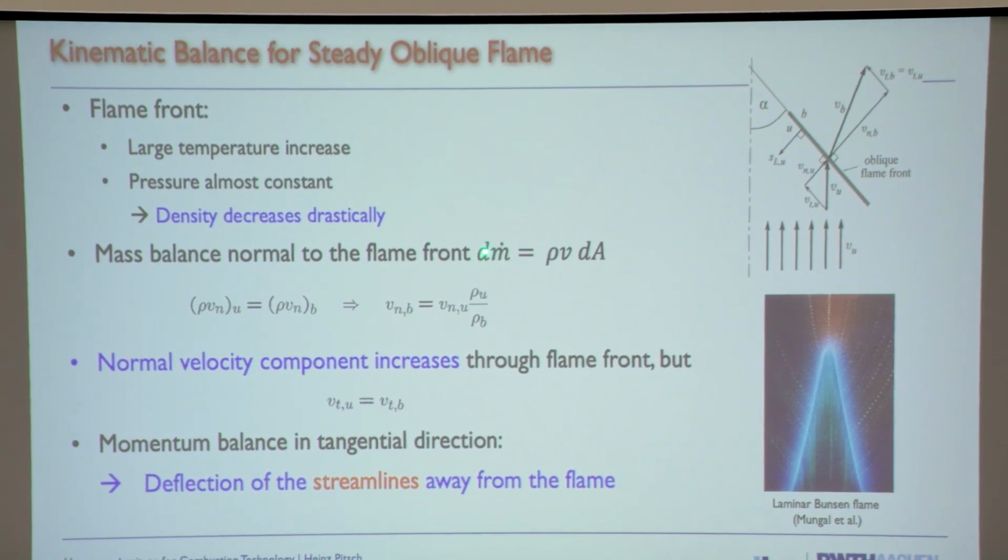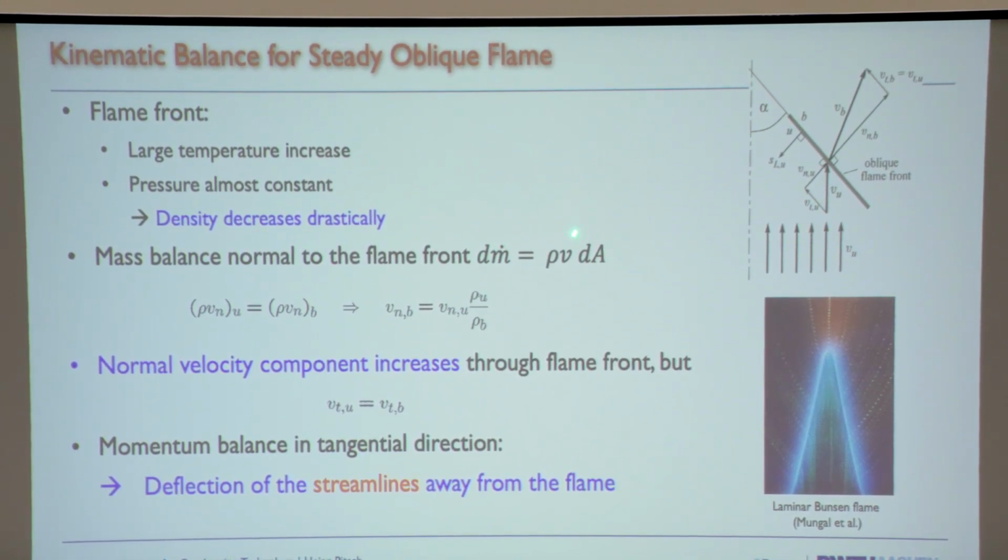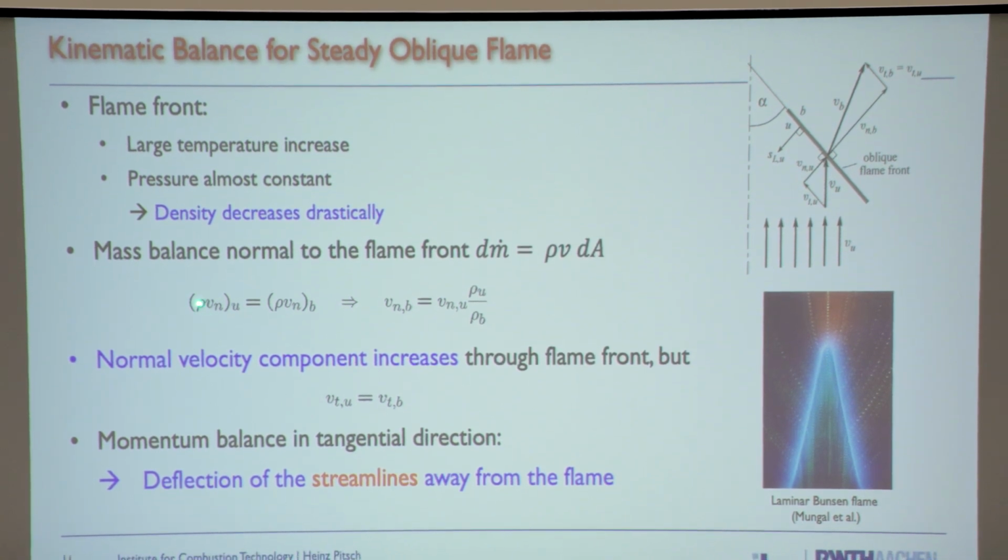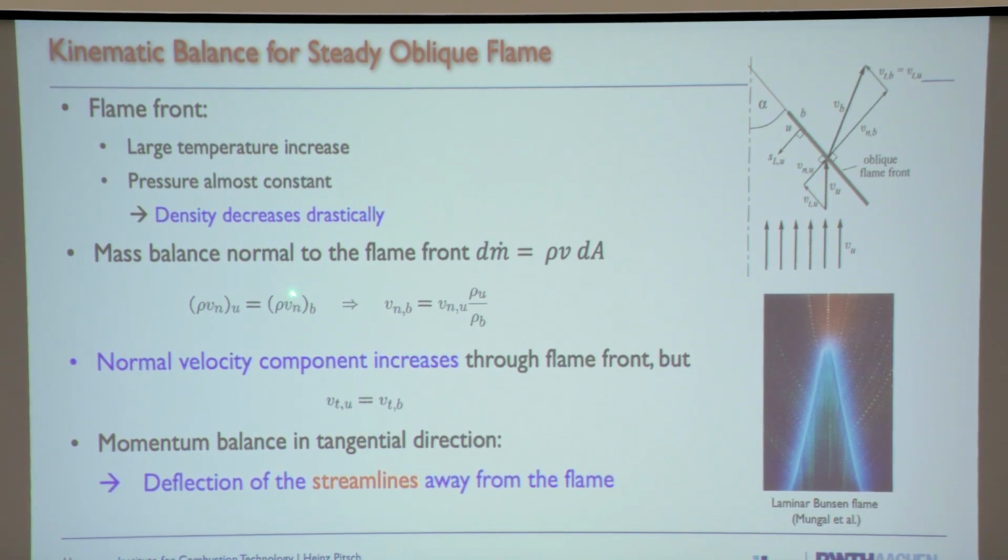The mass flux on a very small element of flame area, dm dot, is density times normal velocity times the area. If I assume the flame to be really thin, then rho times U times dA goes in, and rho times U times dA comes out on the burnt side.